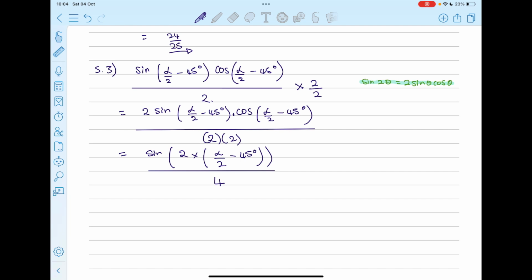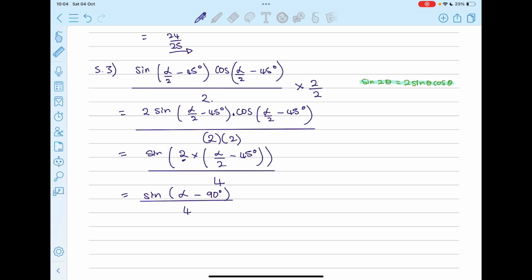Now we can multiply this 2 to everything inside the bracket, leaving us with sine, the 2 over 2 cancels out. So now we're just left with alpha minus 2 times 45, which is 90. And here we still have the 4.